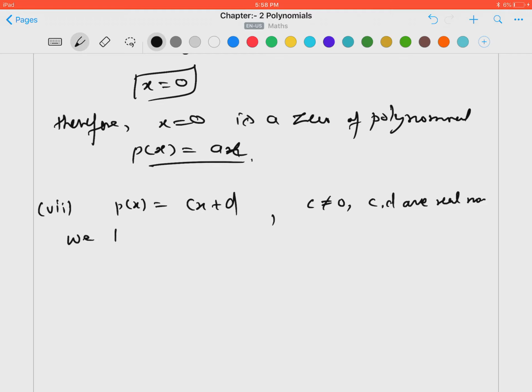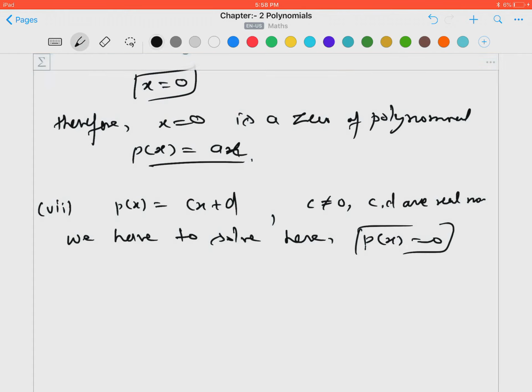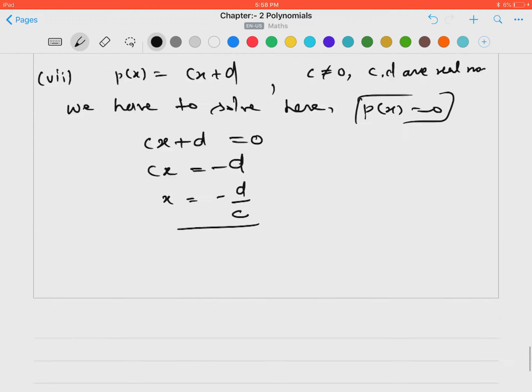So we have to solve here p(x) equal to 0. That means at the place of p(x) we'll write cx plus d equal to 0, or cx will be equal to minus d. When you shift this plus d onto the right hand side, it will be minus d, or x will be equal to minus d by c.